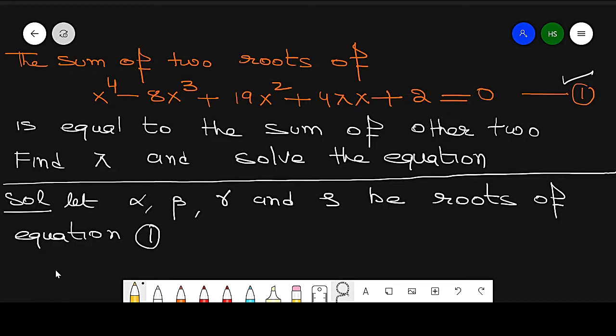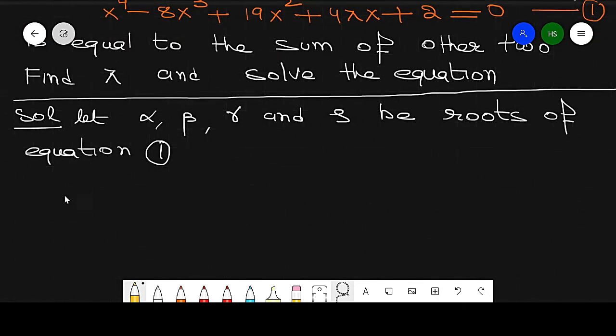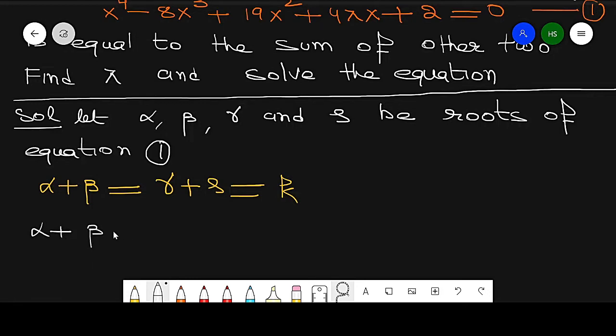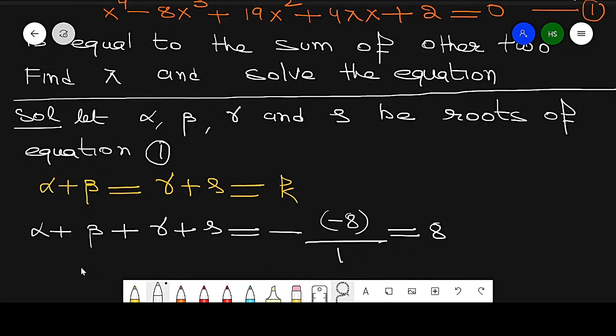By the given condition, the sum of two roots alpha plus beta is equal to gamma plus delta. Suppose this value is equal to k. Now the sum of all four roots, alpha plus beta plus gamma plus delta, is equal to minus minus 8 over 1, so this is equal to 8.